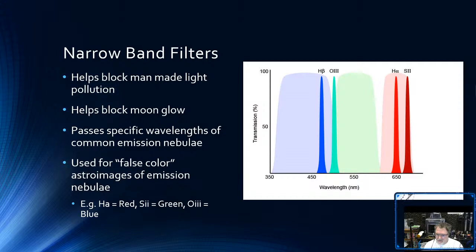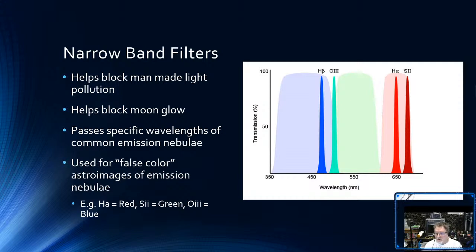But coming back to narrowband filters, I generally like to image nebulae and that can be done with narrowband filters. That's where filters are just notched out to cover these narrow bands of light that are emitted by emission nebulas and to some extent reflection nebulas.